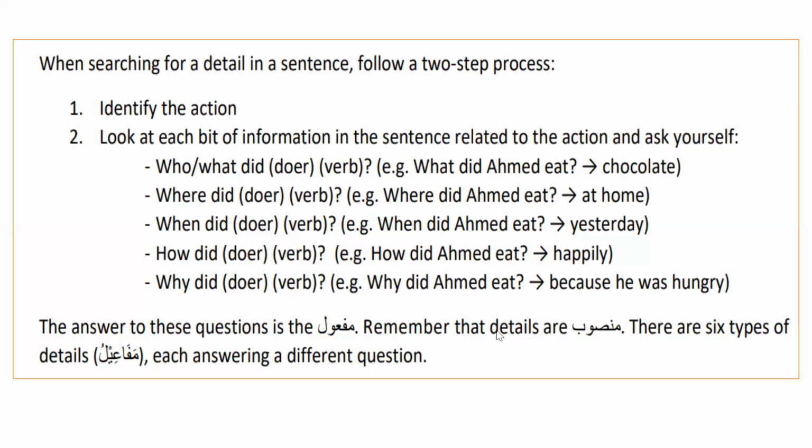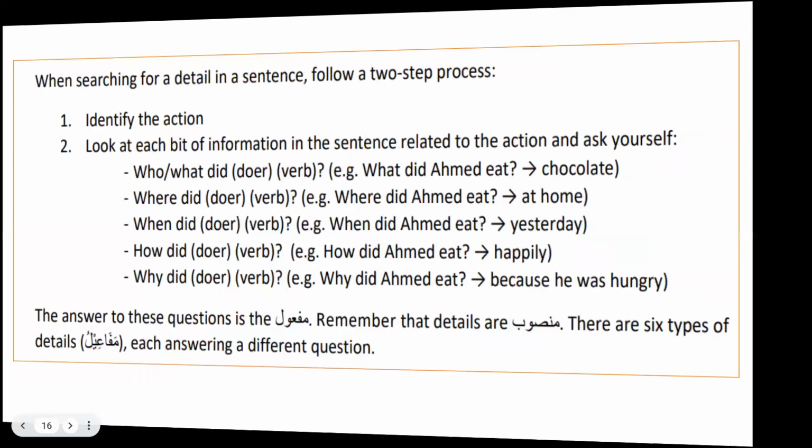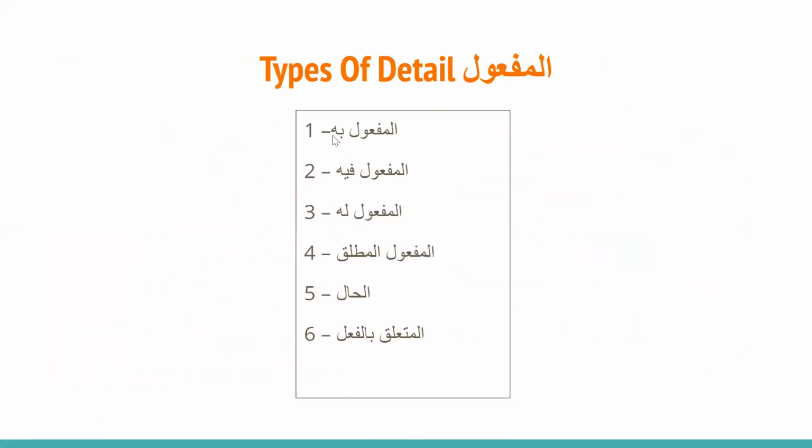So these are different types of maf'ul, and all maf'ul are mansoob. They are nasb in status. And there are 6 types of maf'ul. So let's see these types. Maf'ul bihi is the direct object: who or what the action was done to. Maf'ul fihi is where and when the action took place or is going to take place.